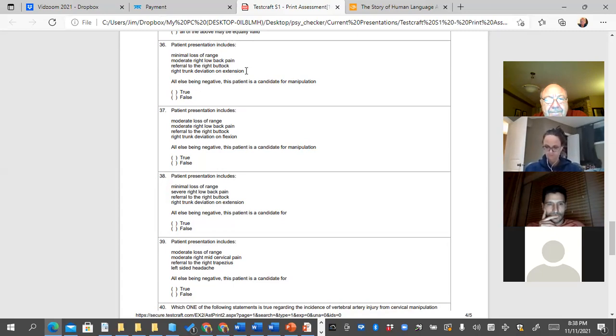Because the severity of the pain doesn't match the minimal loss of range. Well, it's only moderate pain. Did you read question 38 or 39? We're looking at 36 at the moment. 36. Minimal.